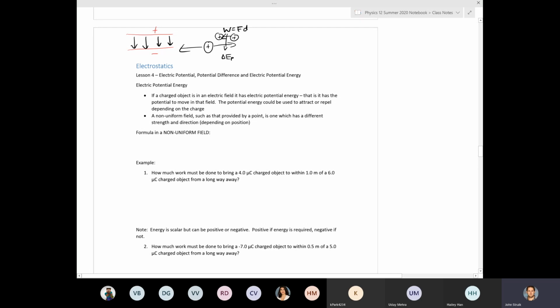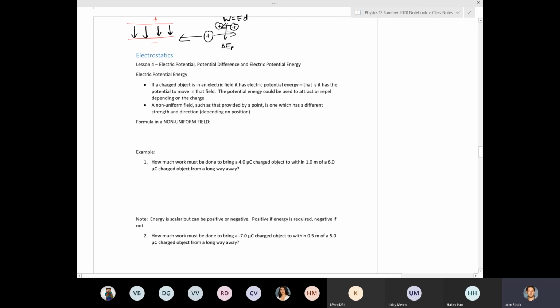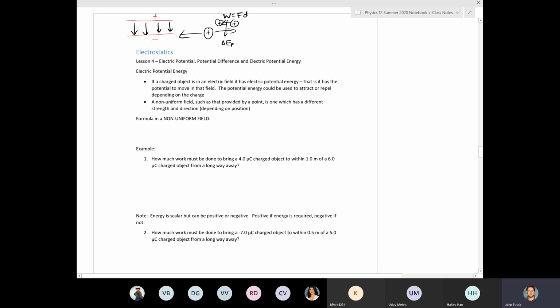Okay, and so the formula for electric potential energy is kind of the same as gravitational potential energy, and it is EP equals, so let's apply this, FE times D. Okay, so electric force times distance.